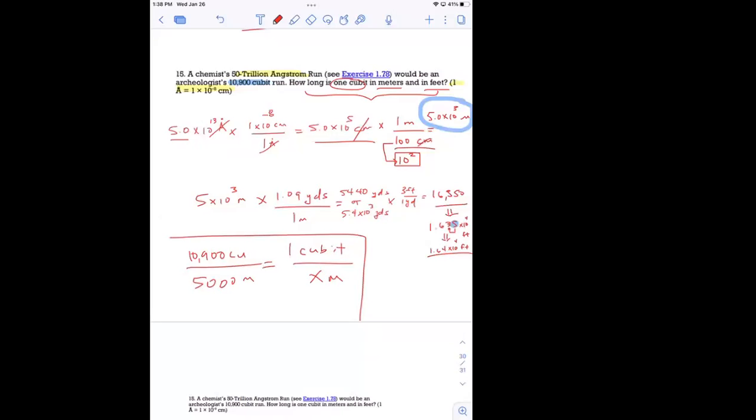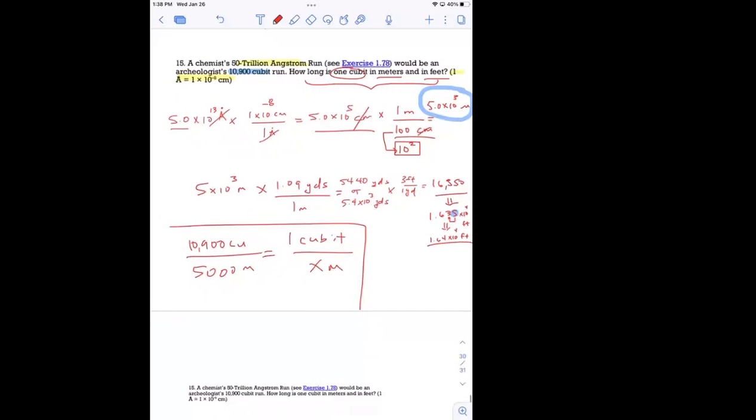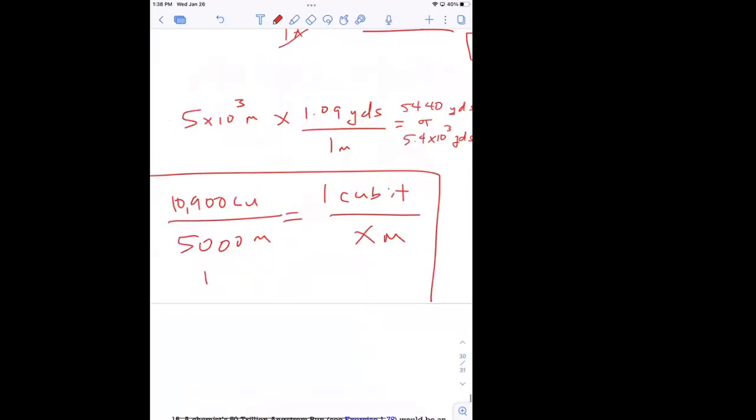All right. So that's how we would solve that section of that problem, by solving for X. So then we would divide both sides by 10,900. Right. And then that'll give us a number.